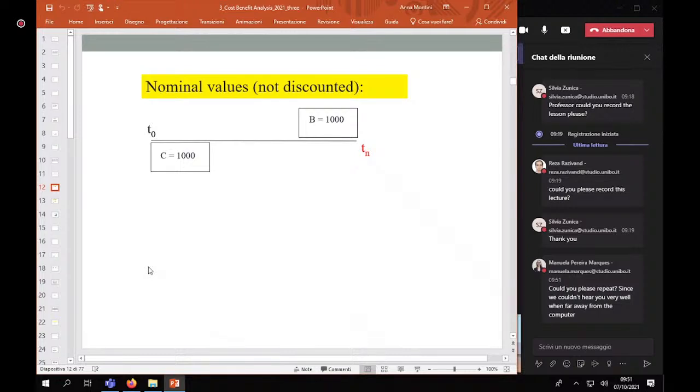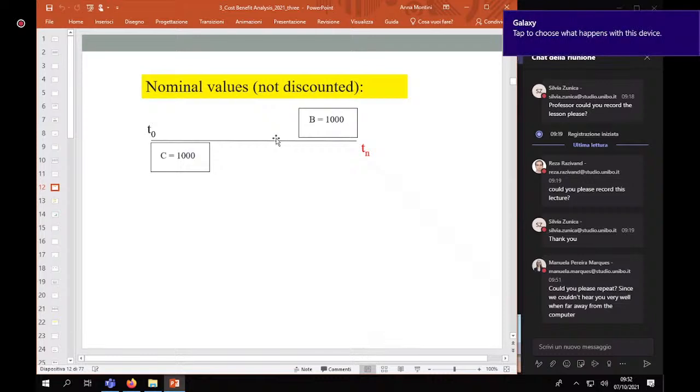Okay, thank you. Okay. I'm sorry if I have spoken far from the microphone, but I have only told that if we want to consider the project that we have in the slide, we have to consider that on the basis of net benefits, if I consider nominal values, the net benefit is equal to 0, but a project with a net benefit equal to 0 can be considered only if the cost and the benefit are in the same year.